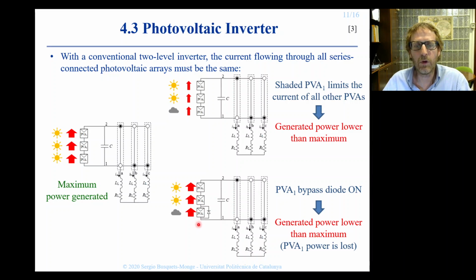But even in this situation, we will be losing the power that the shaded photovoltaic array could generate because all the current is flowing through the bypass diode. And if we have more than one photovoltaic array in shade, we will be losing more and more power.